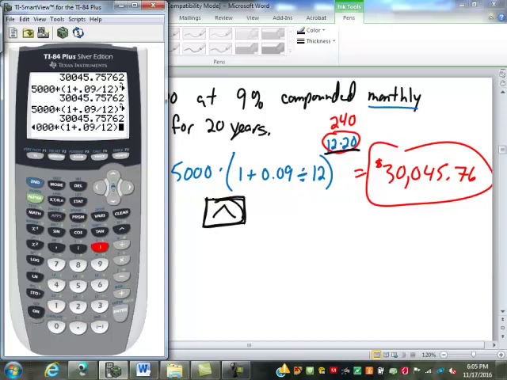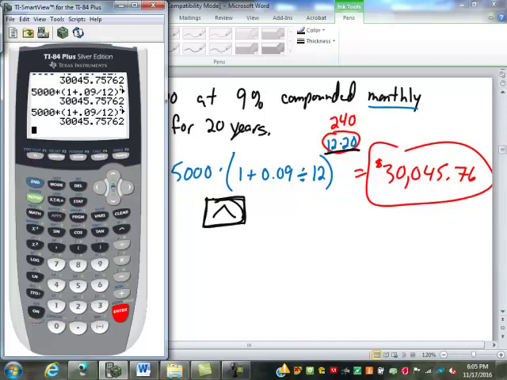Now I'm going to pause there and make sure yours looks just like that so far. Don't hit equals though. Now hit the caret key, 240, and hit equals. There we go. Okay, good.